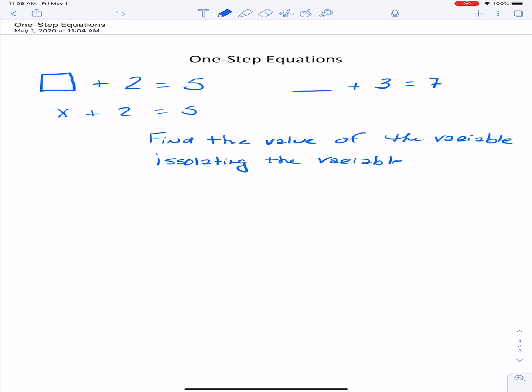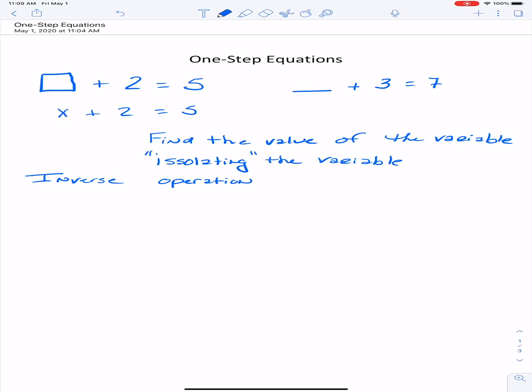So what we're trying to do is get the variable all by herself. In order to do that, we need to use what are called inverse operations. Inverse operations are just operations that are the opposite of what's being done, okay? So the inverse operation actually undoes what the equation is doing.